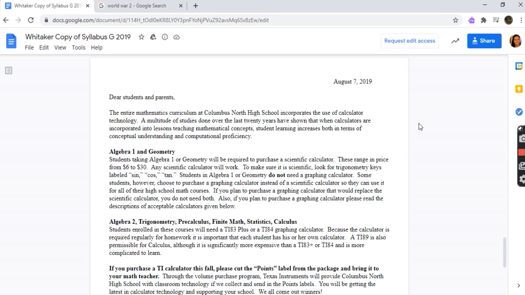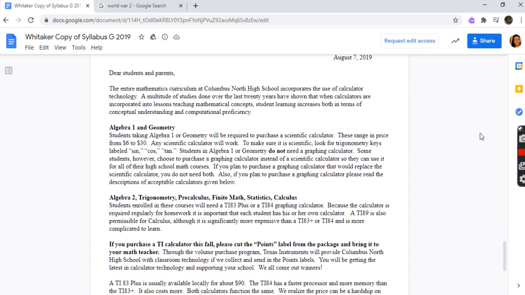A multitude of studies done over the last 20 years have shown that when calculators are incorporated into lessons teaching mathematical concepts, student learning increases, both in terms of conceptual understanding and computational proficiency. Algebra 1 and Geometry. Students taking Algebra 1 or Geometry will be required to purchase a scientific calculator.